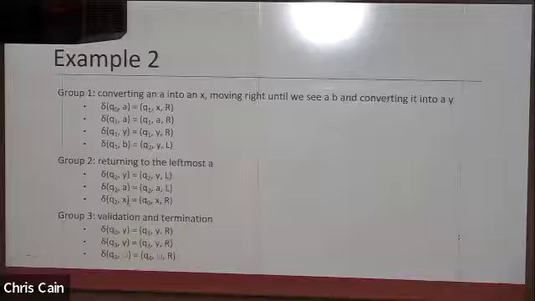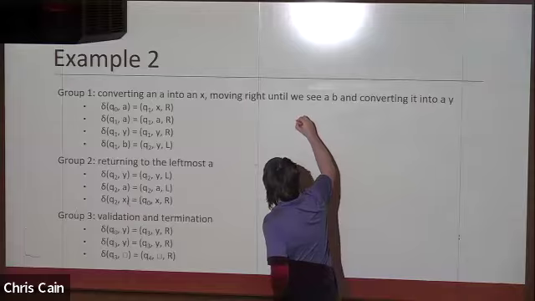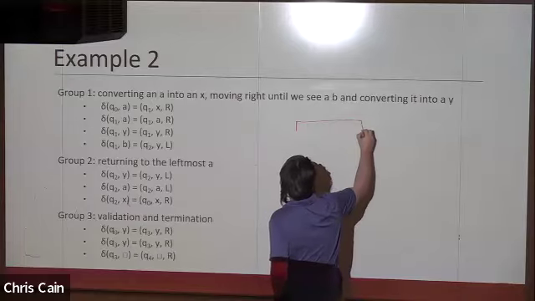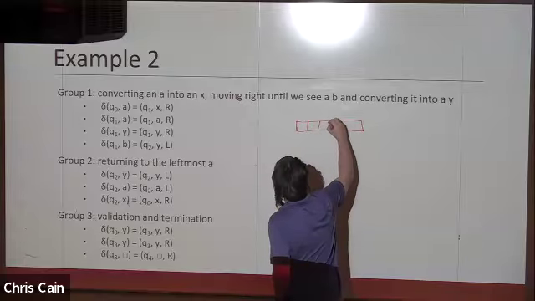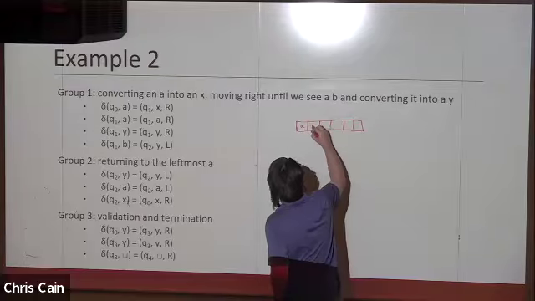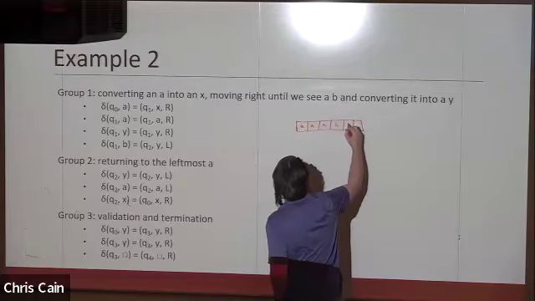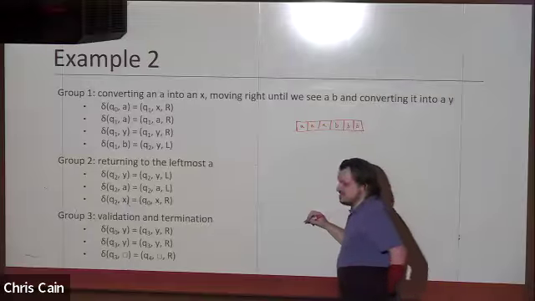Maybe we can walk through exactly how this works on the tape. So let's come up with an example of something that's actually in the language. We start with the A, B, and we can see how this wouldn't necessarily work otherwise.